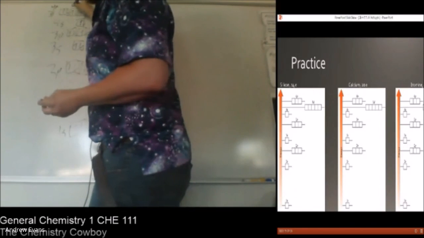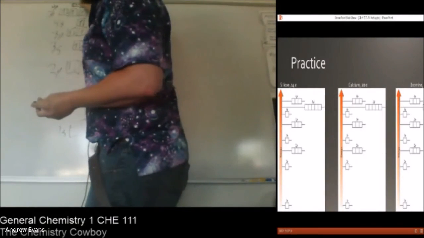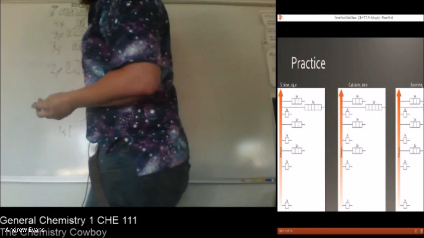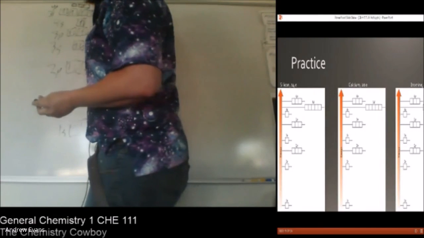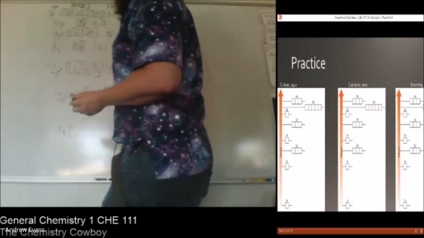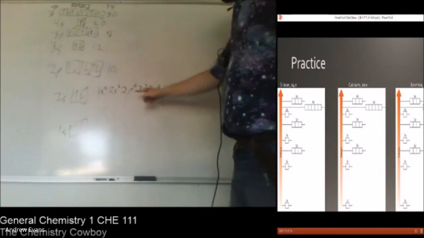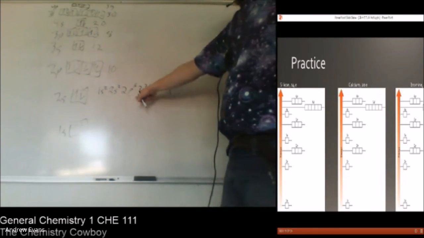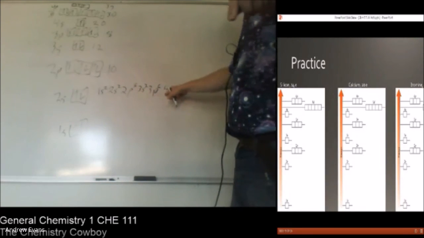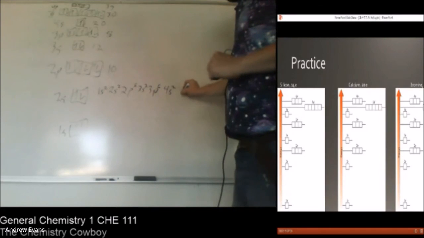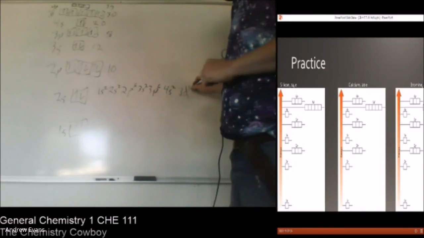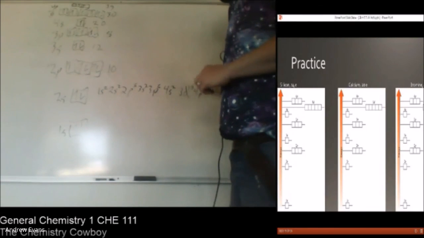And then the last 5, 1, 2, 3, 4, 5, 35. So with bromine, it's 1s2, 2s2, 2p6, 3s2, 3p6, 4s2, 3d10, 4p5.